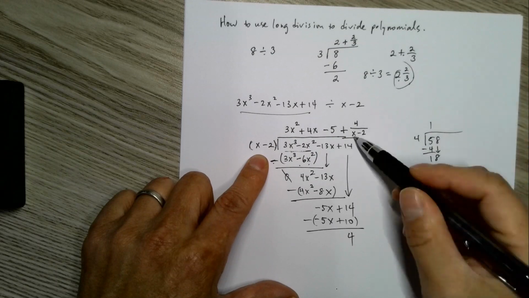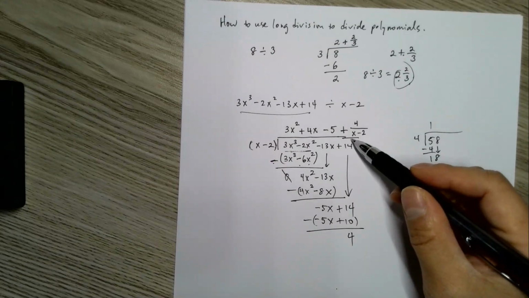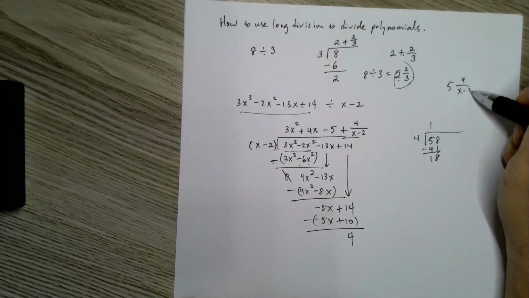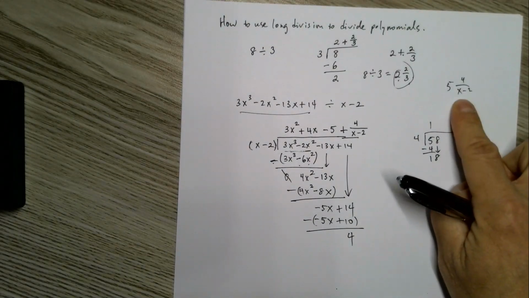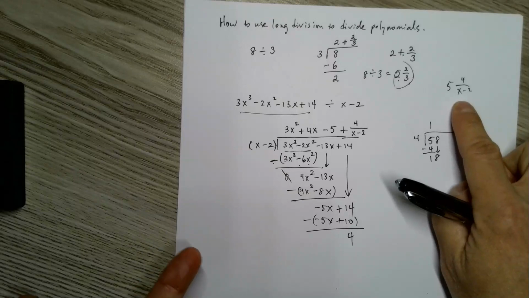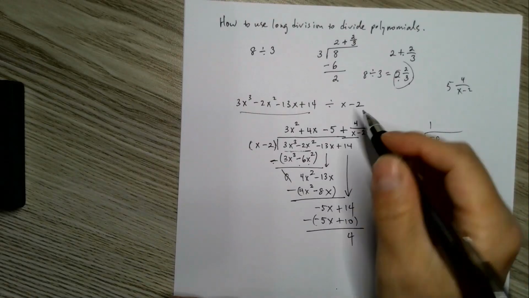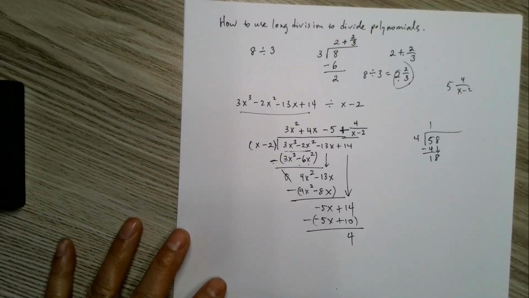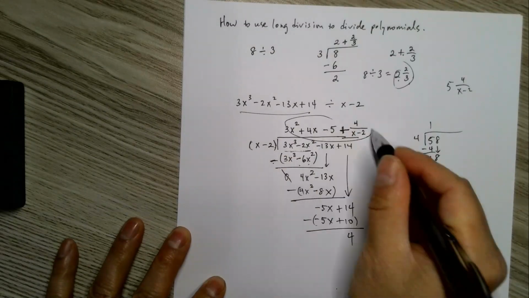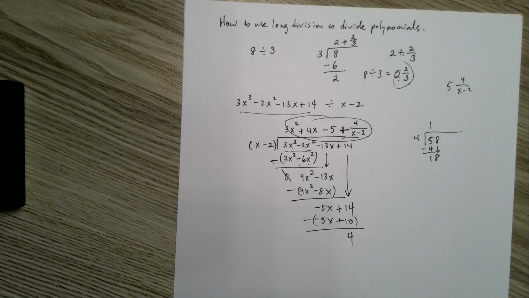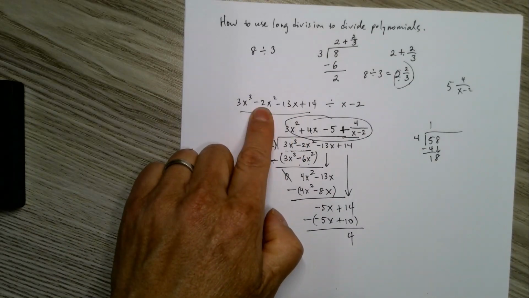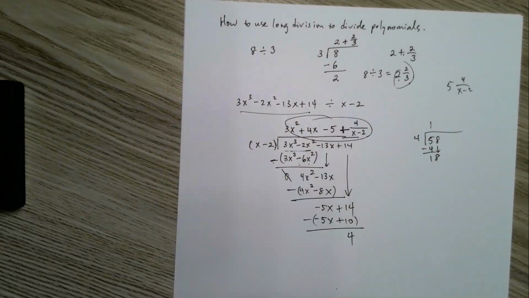But if I do that here, the reader is unsure. Does this mean 5 plus 4 over x minus 2, or does it mean 5 times? We don't know. So I put the plus there so it's clear. And so this is what you get when you divide that 4-term degree 3 polynomial by that little binomial.